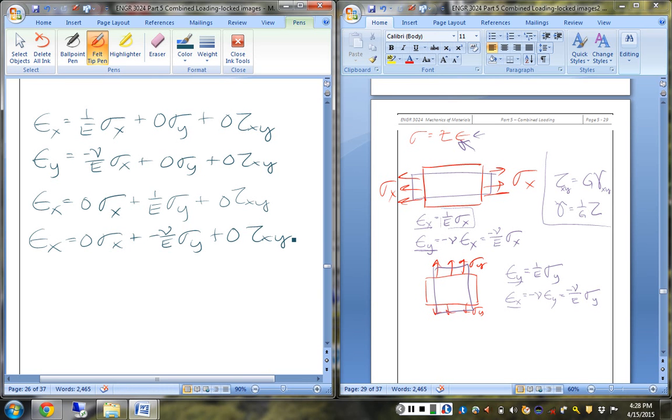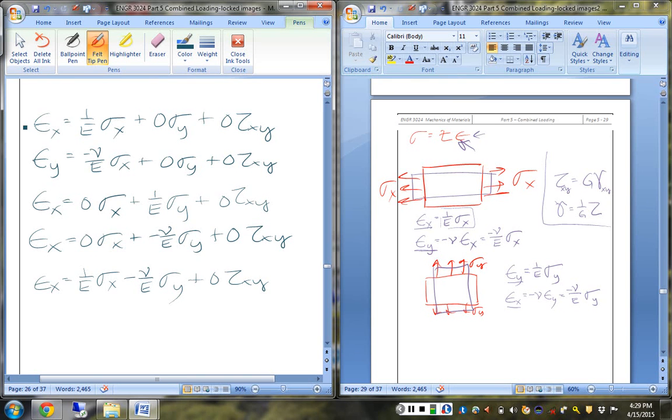This is a system of linear equations. It's a system of independent linear equations that I can just add up. So I then get that this is equal to 1 over E sigma X minus nu over E sigma Y plus no tau.